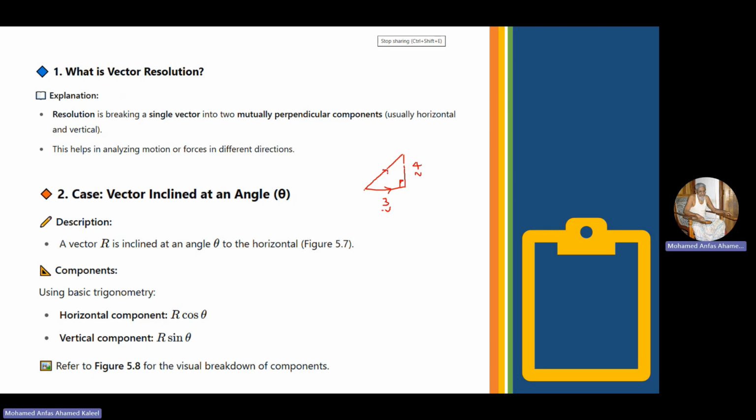So for the resultant, we find the magnitude of this resultant R by the Pythagoras theorem. The resultant is 5.